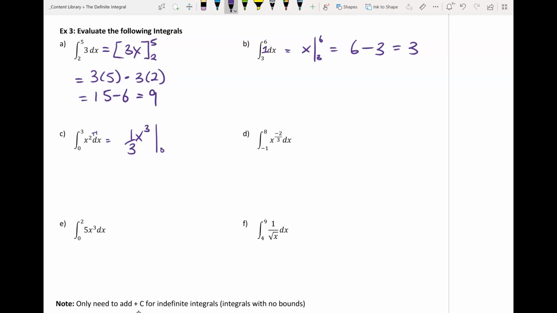Now we're going to evaluate this from 0 to 3. I'm going to do the 3 first and subtract it with the 0. Now it's going to be gone because that's 0. That's 27 divided by 3, which is 9.